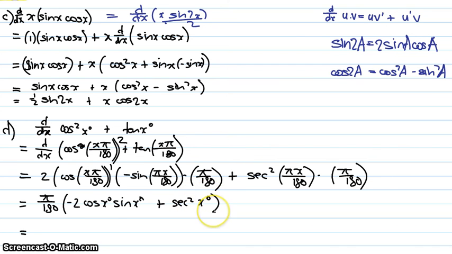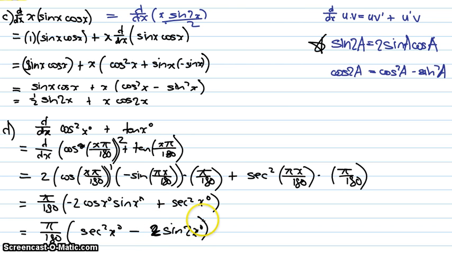And that simplifies, using our formula here, to pi over 180 secant squared x degrees minus sine 2x degrees. And that's it for question 3.